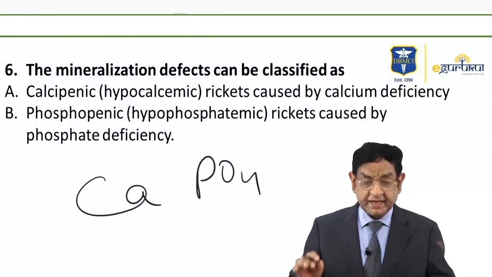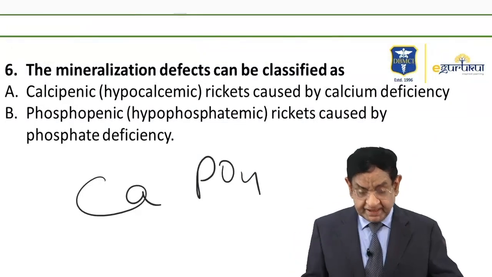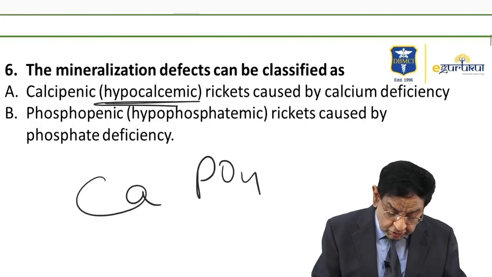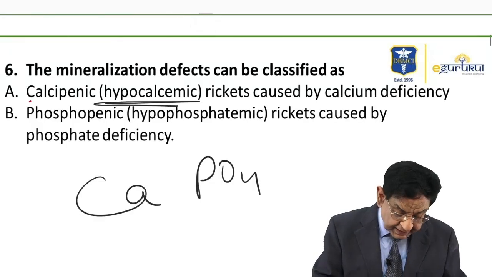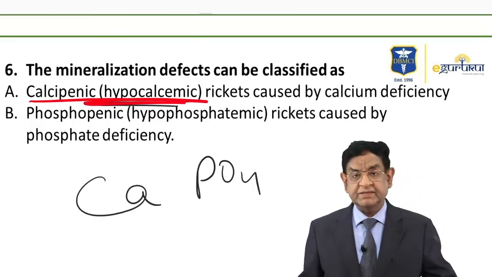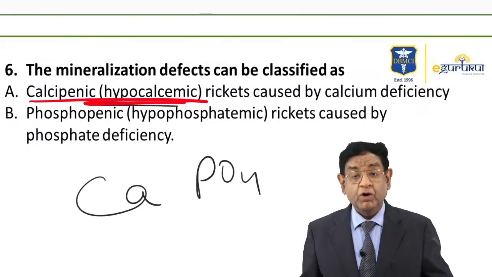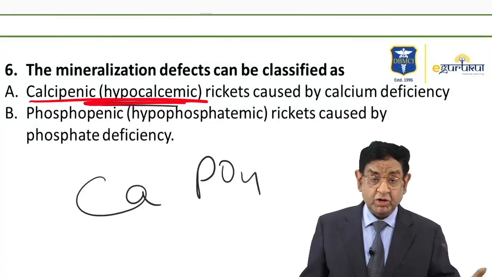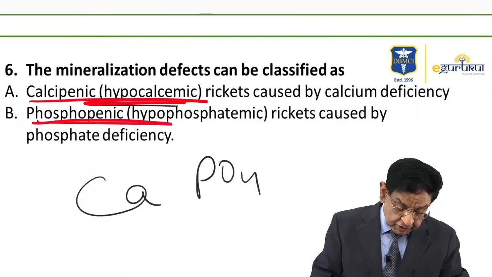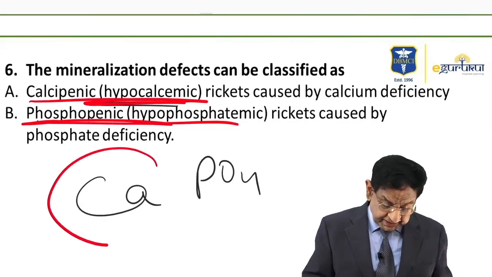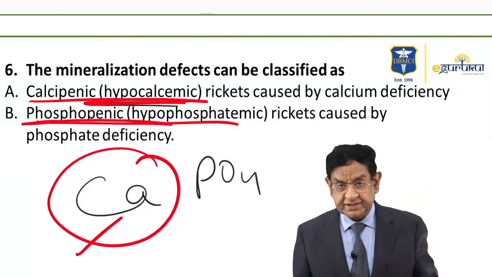Now this defective mineralization can occur if there is low calcium, so-called calcipenic, or when the calcium level is reduced. Or it can be caused by hypophosphatemia, so-called phosphatopenic. Point to be noted, if this is deficient, it can lead to rickets.